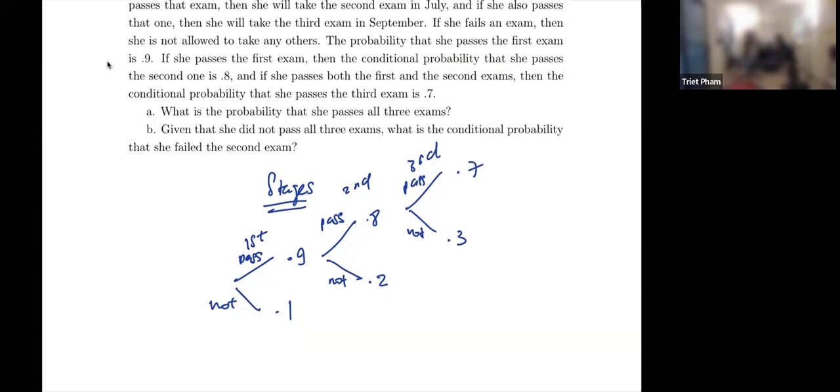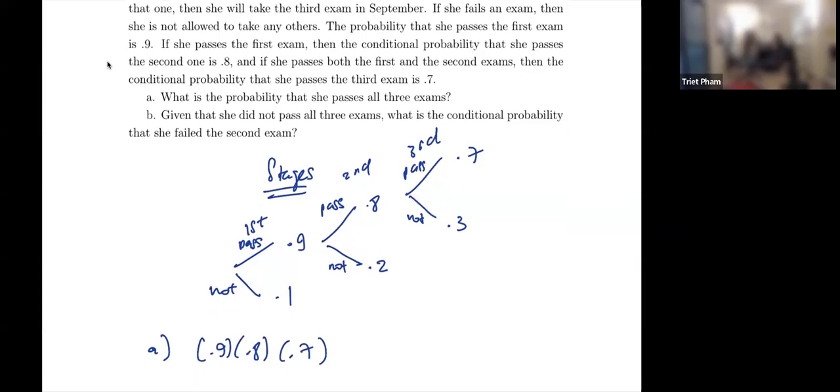For example, the answer to A would be 0.9 times 0.8 times 0.7. Is that clear? All right. So now what's the answer to part B?